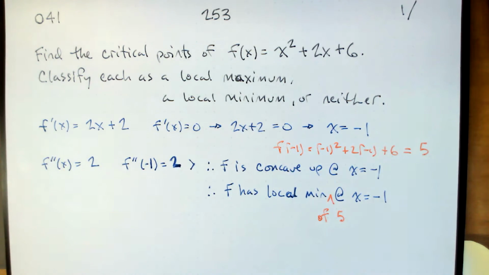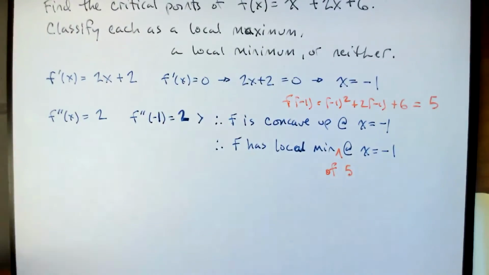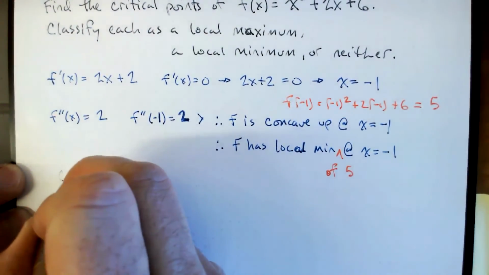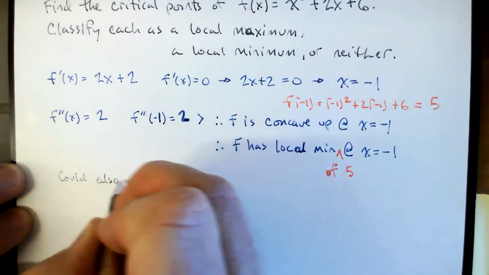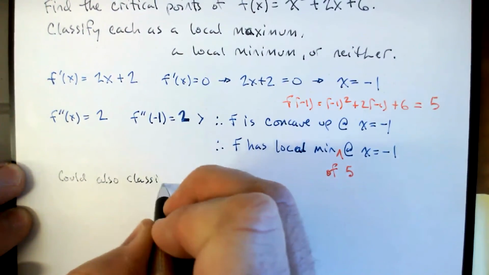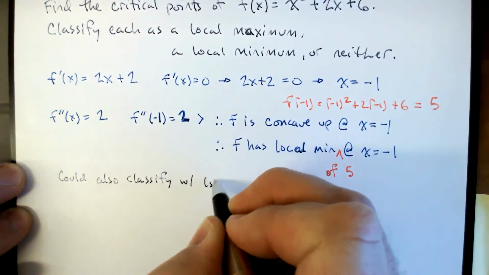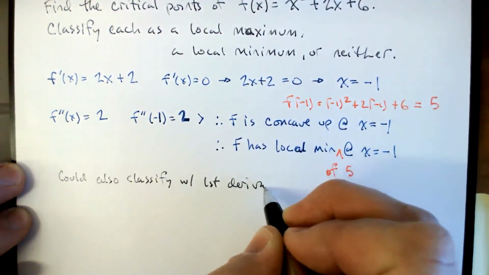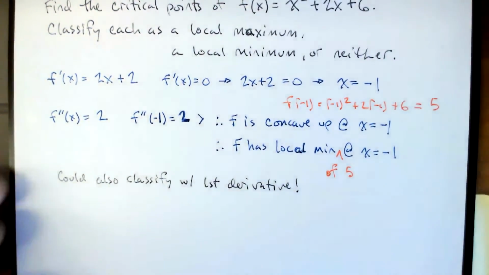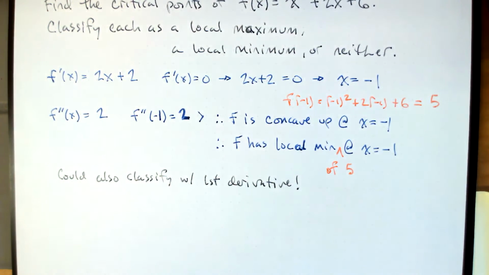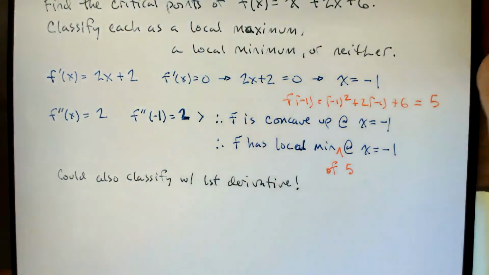We did have other options. We could also have classified our critical point with the first derivative by taking -1, where the derivative is equal to 0, and seeing whether the derivative is positive or negative on either side of -1, excuse me.